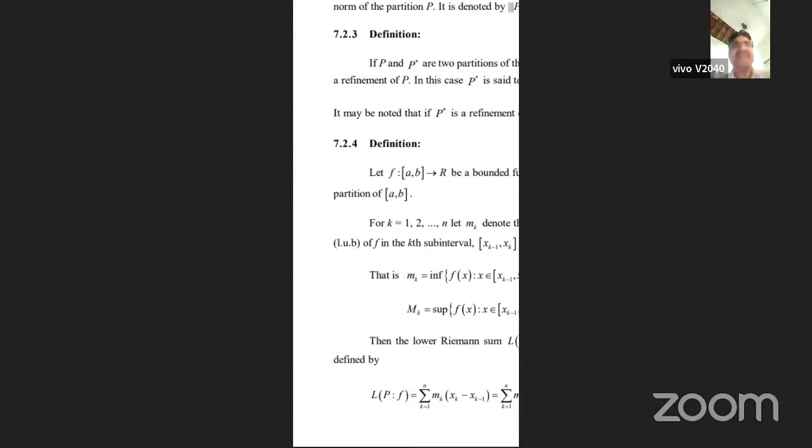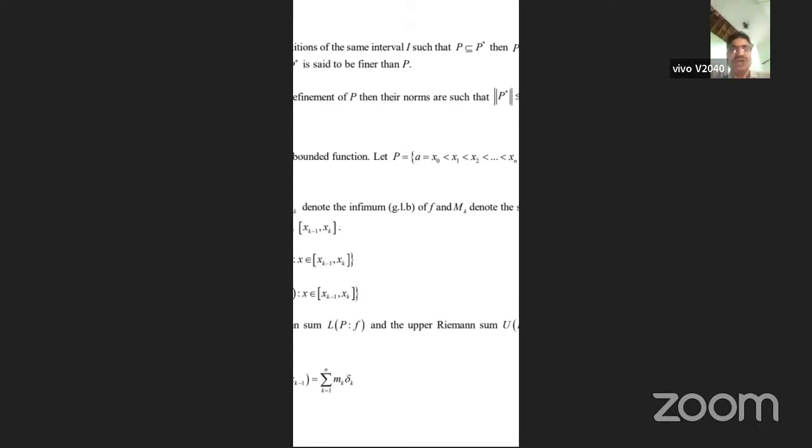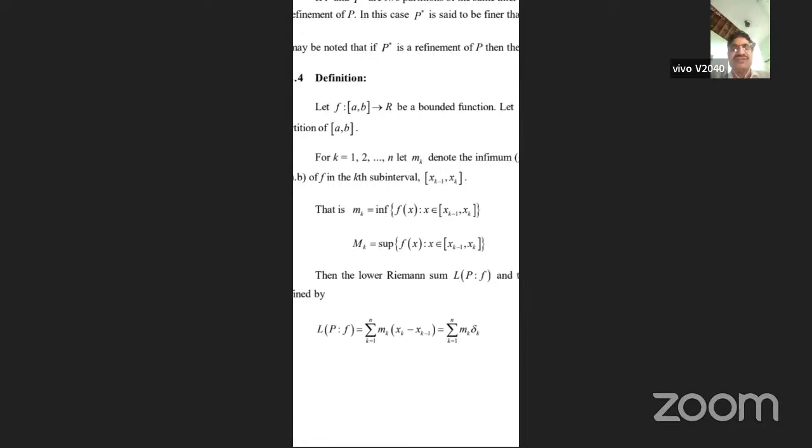Here f maps [a, b] to R as a bounded function, and P is any partition, a defined set between a and b: x0, x1, x2, and so on, xn, a partition of the closed interval [a, b]. That's enough. There are many partitions between the interval points. Now every subinterval must involve an infimum and a supremum.